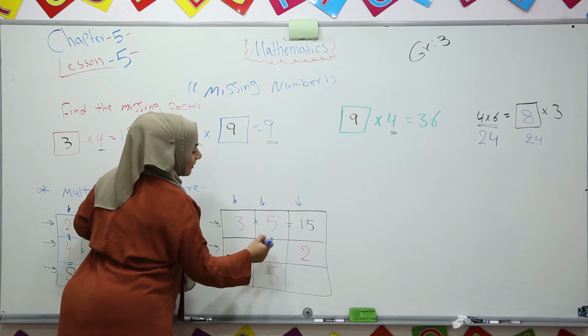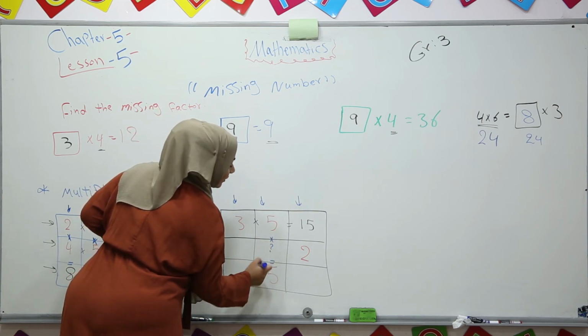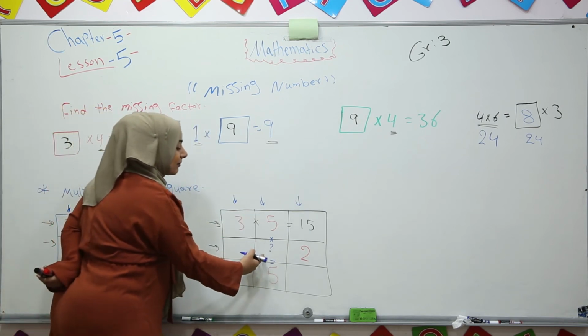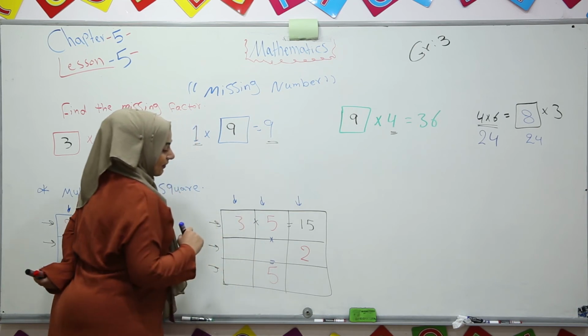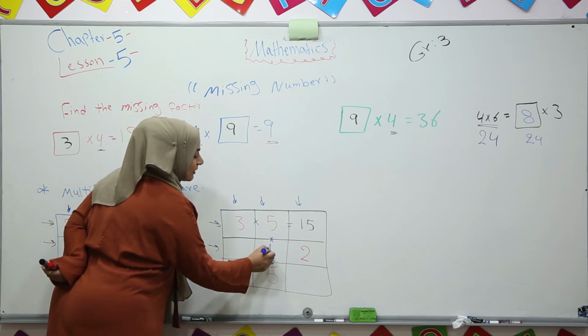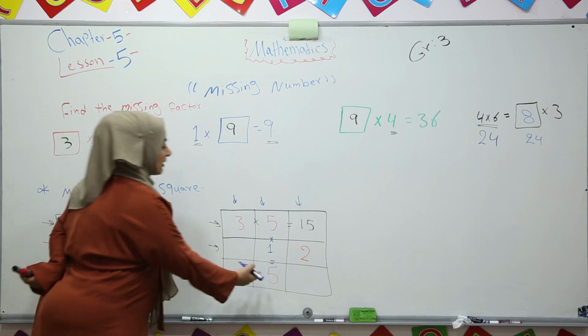5 times by the first number times by the second number equals the third number, okay? 5 times by what became 5? It is the times table of 5. 5 times by what number became 5? It is 1. 5 times by 1. Okay? So it is 5.